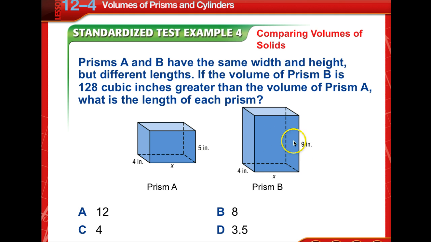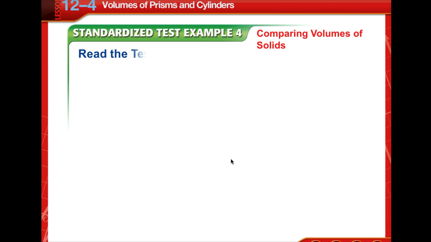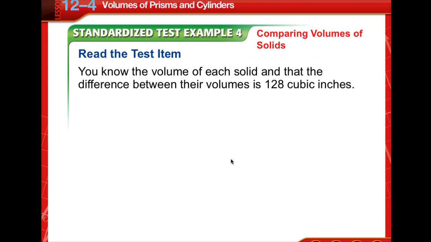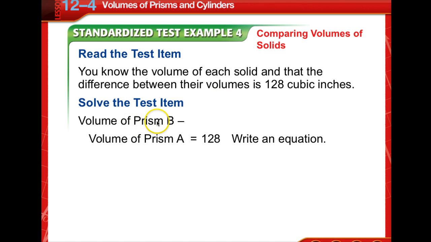If the volume of prism B is 128 cubic inches greater than the volume of prism A, what is the length of each prism? So we know the volume of each solid and that the difference between their volumes is 128 cubic inches. So the volume of prism B minus the volume of prism A is 128.